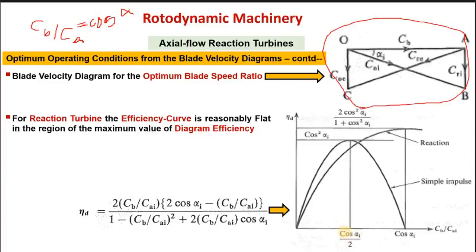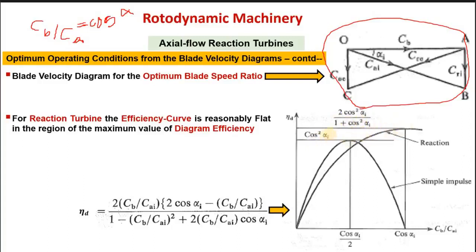So that's why for high pressure regions, impulse turbine is preferred, and for low pressure regions, reaction turbine is normally preferred.